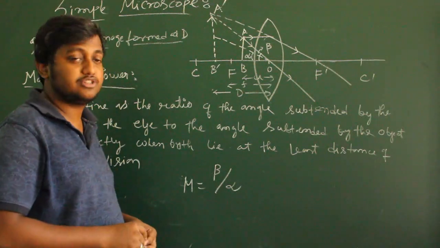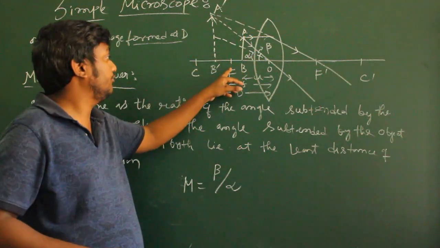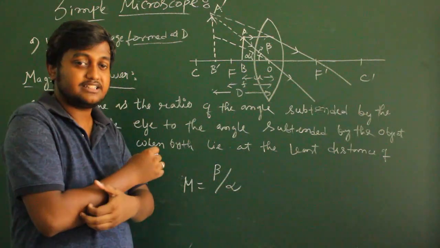So we place one object AB in between focus and optical center.